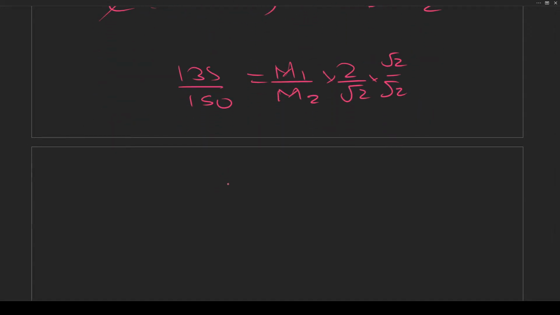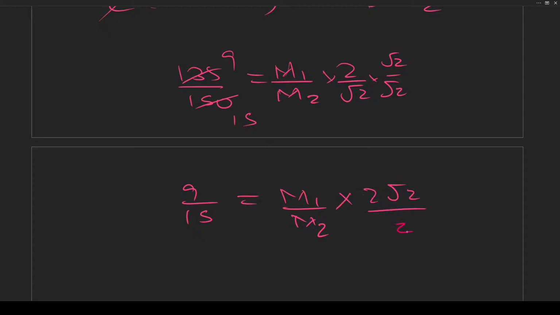We can divide this by 15, so 9 by 15 equals M1 by M2 times 2 root 2 by 2.